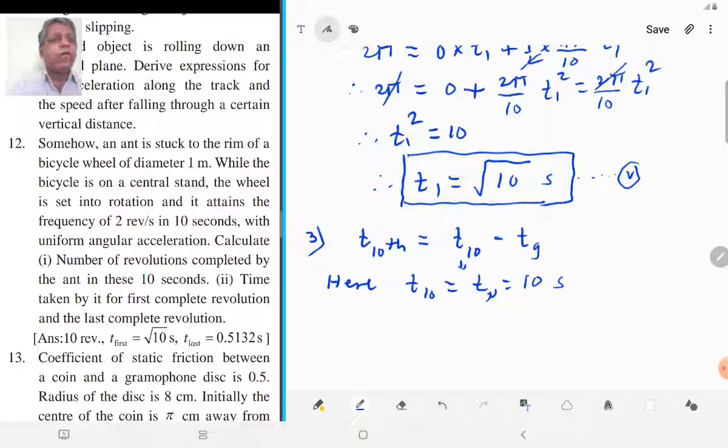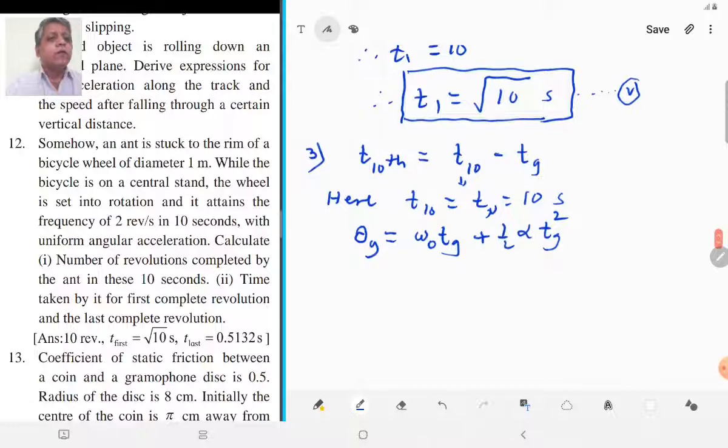To find the value of T9, we can use the formula of the angular displacement for 9 revolutions, that is theta 9 is equal to omega 0 into T9 plus half alpha into T9 square. In one revolution, the angular displacement is equal to twice pi.